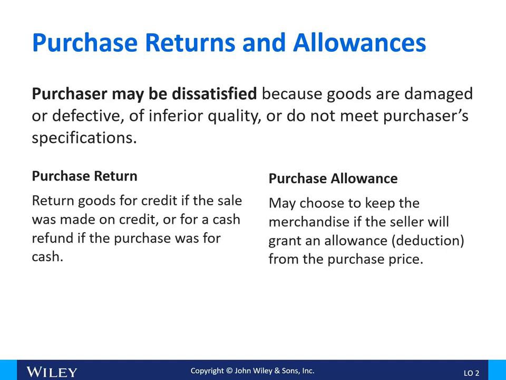The seller probably will agree to that because then they don't have to worry about shipping the goods back to themselves and putting that in their inventory. So sometimes they just give an allowance for the goods and the buyer keeps the goods.